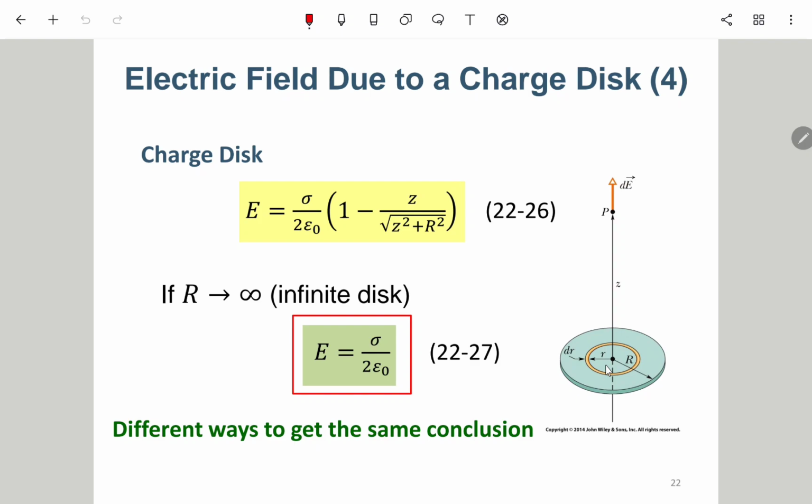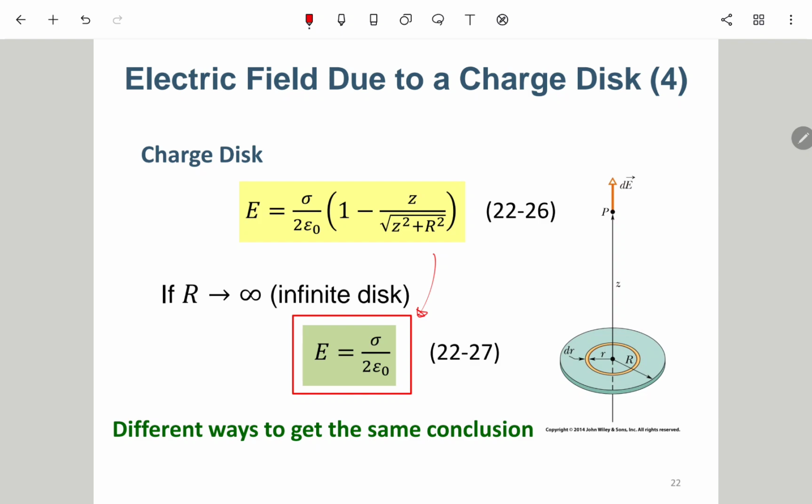For this one, in chapter 22, we tried to calculate the E field generated by a charged disk with a radius capital R, and then we let this R be infinitely large, so this expression is simplified into this one.